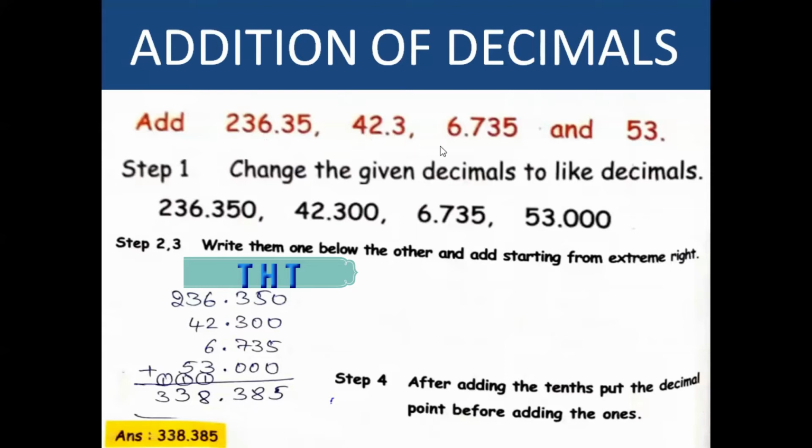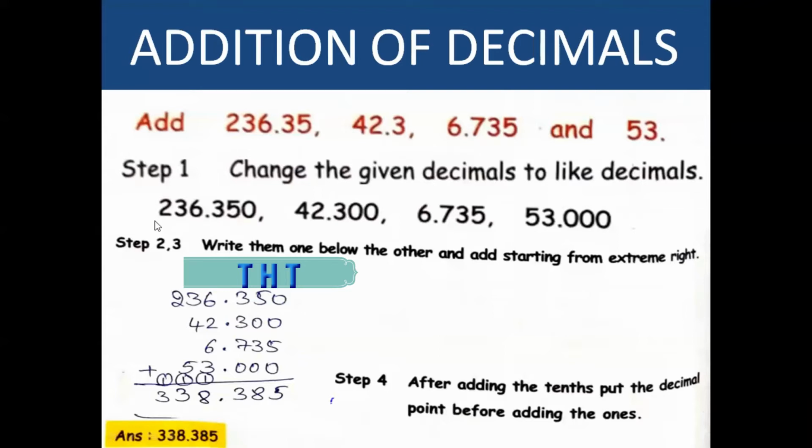In the third, we have 6.735, which has three decimal places. And here we don't have any decimal places. So the biggest is three decimal places. We are changing into like decimals.